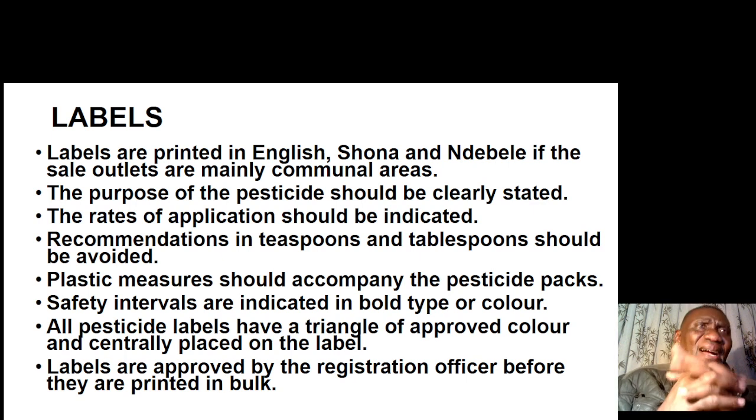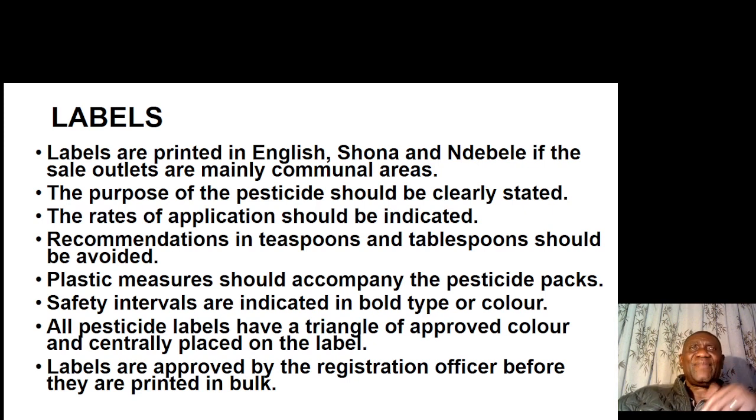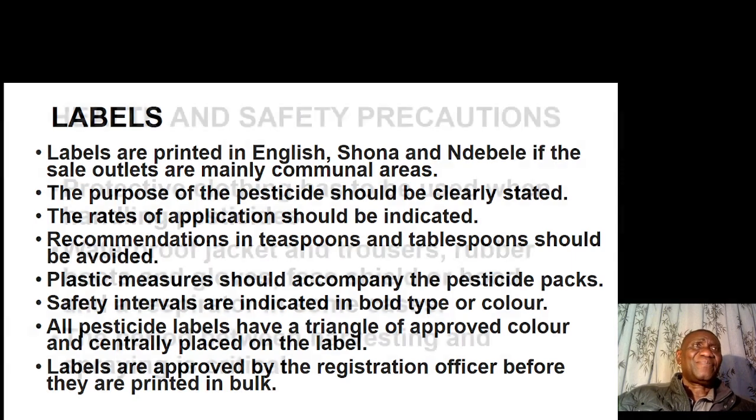Labels are approved by the registration officer before they are printed in bulk. So if you want to use labels, maybe you are packaging these pesticides, you need to have approval of the label which you are going to put on the container.